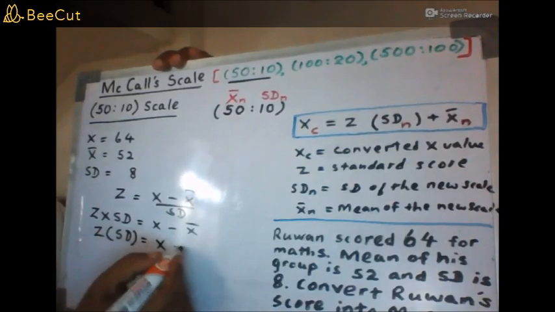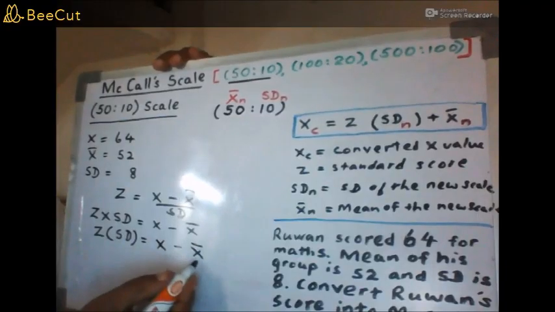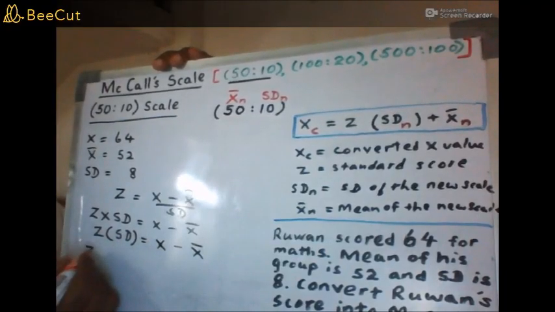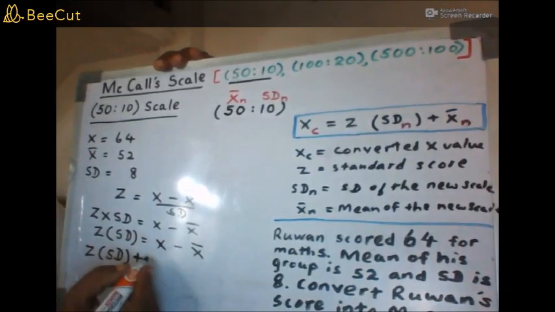We need x, so we take x bar to the other side, and it becomes z into SD plus x bar.